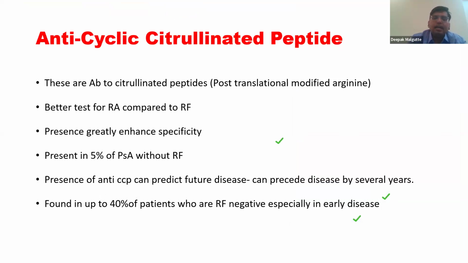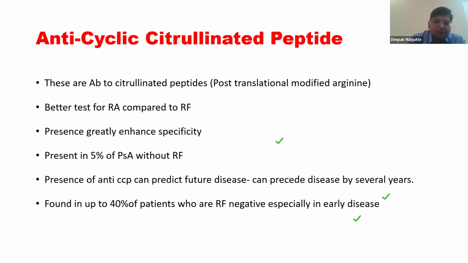But this high titer positivity can also be seen in other conditions like Sjogren syndrome or cryoglobulinemic vasculitis. Another test is anti-CCP, the anti-cyclic citrullinated peptide. These are antibodies to citrullinated peptides, such as vimentin, fibronectin, fibrin, and many others. They are considered a better test compared to RA factor, with more specificity.